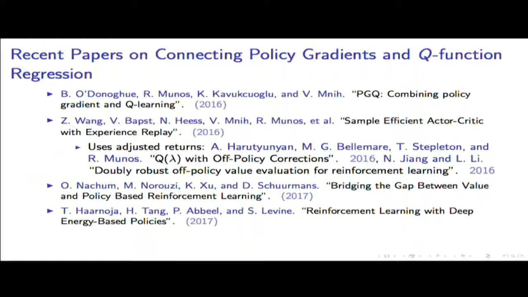Last class we talked about using a value function in the future to cap off the returns, so you're using a value function in the future to reduce variance at the cost of bias. But we were just talking about using state value functions. And it turns out that you can use the Q function in a nice way to do some variance reduction with the returns. It's been proposed in a couple of different papers.